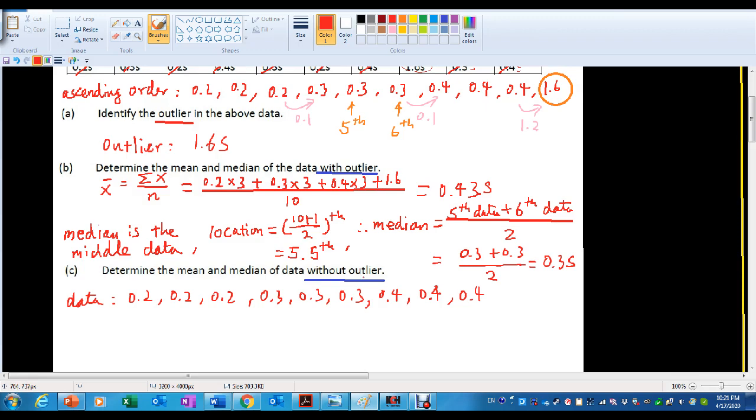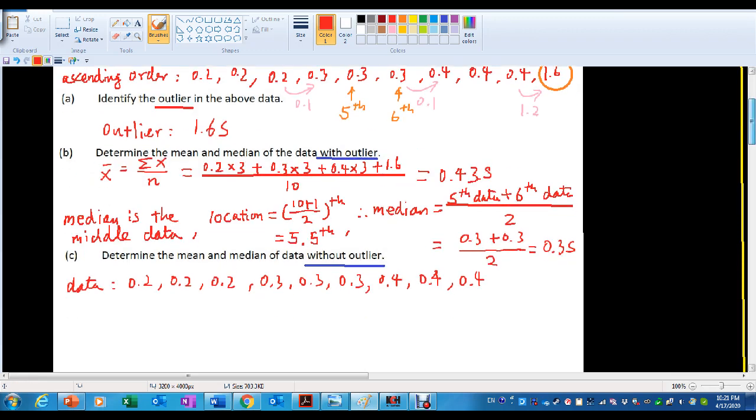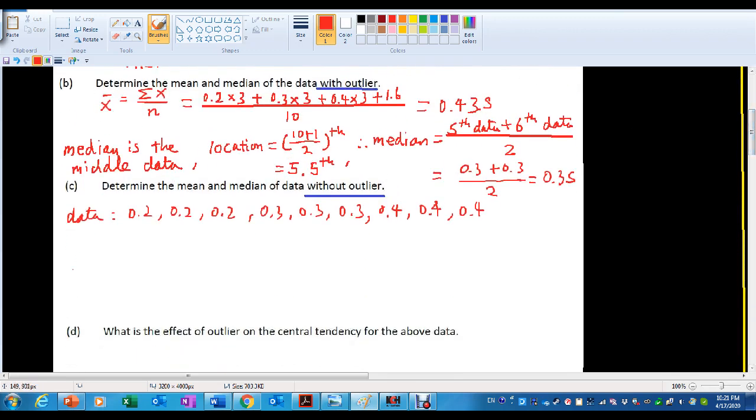Since that's without the outlier, we don't need that 1.6. How could we find our mean? Again, we add everything and divide by the number of data, but this time we have deleted that outlier, so 9 data remain. How many 0.2? 3 of them.